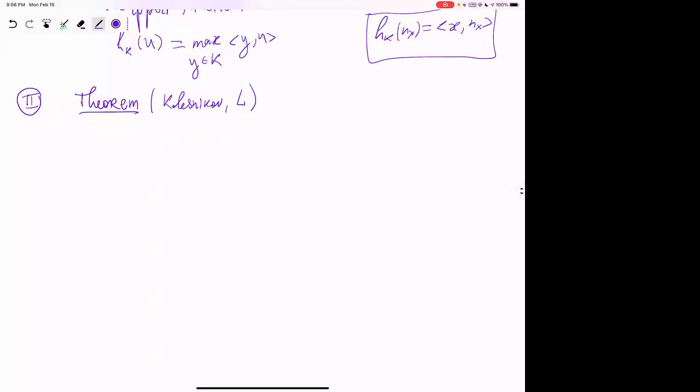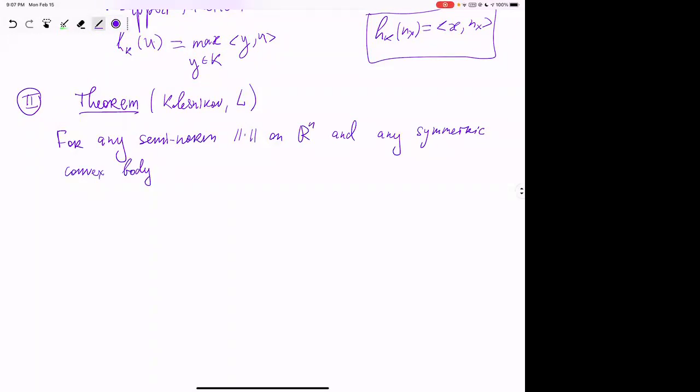Okay, so the theorem is like this: for any semi-norm on R^n, and any symmetric convex body, in this case I do mean a convex body, bounded with non-empty interior, K in R^n, we have the following weird inequality.